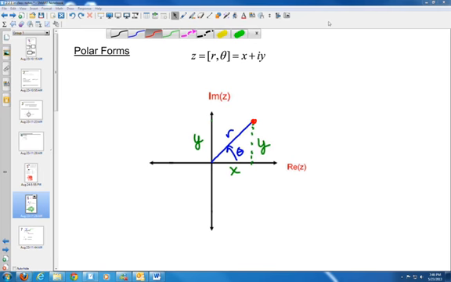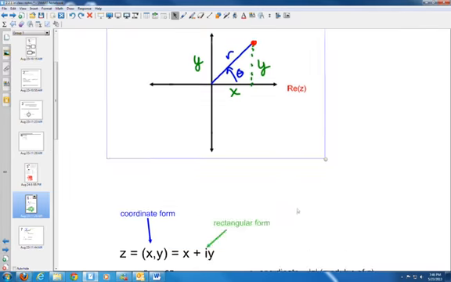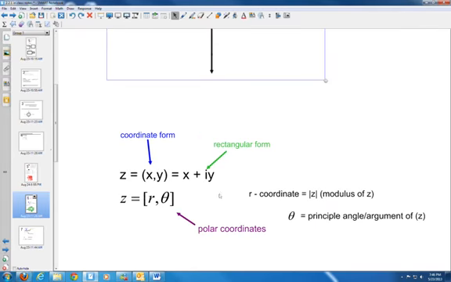Then the way we go from complex numbers to polar form is that r is going to be this distance from the origin to our complex number, and theta is going to be this angle here from the real axis to this line. So again, we have a new form.